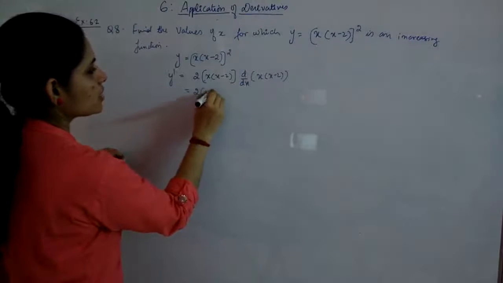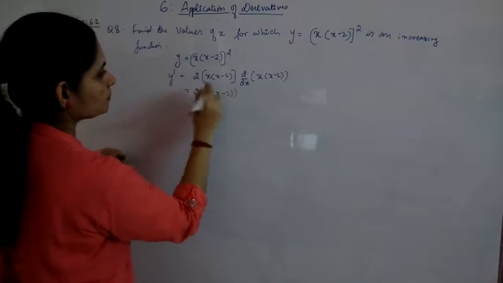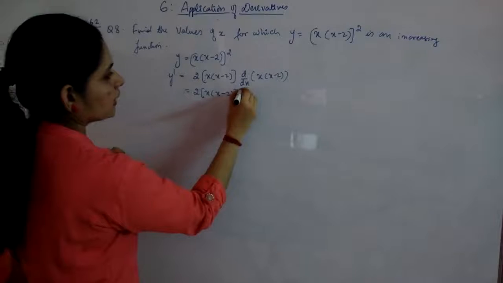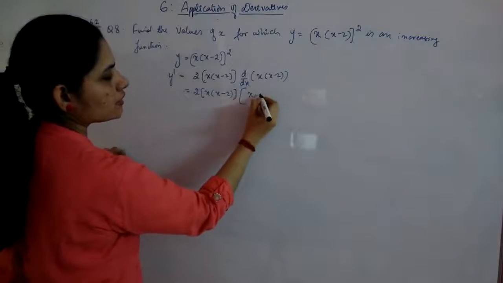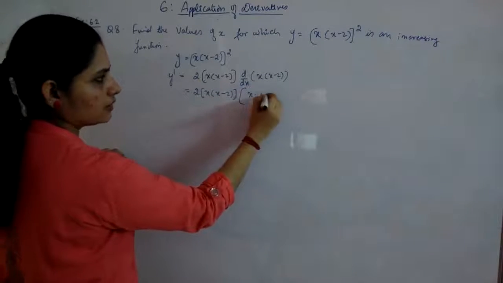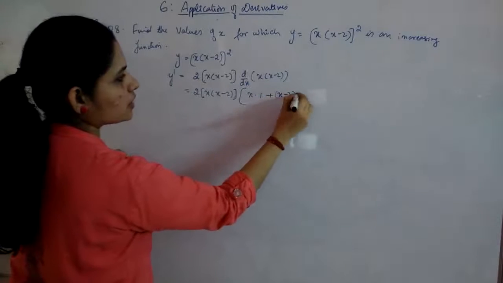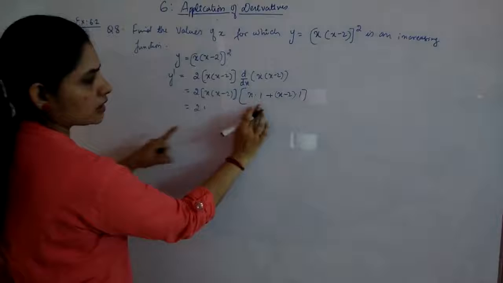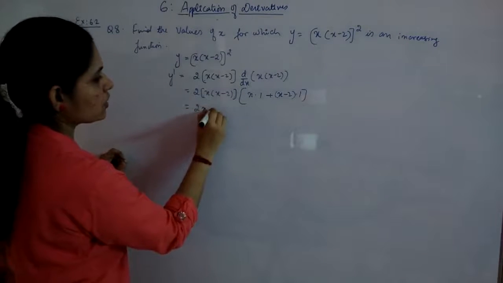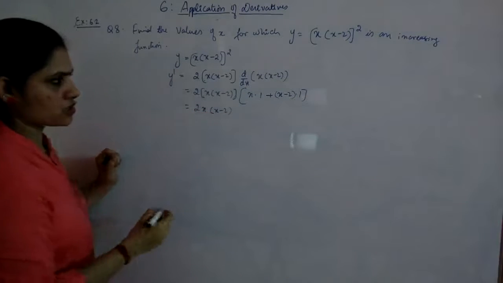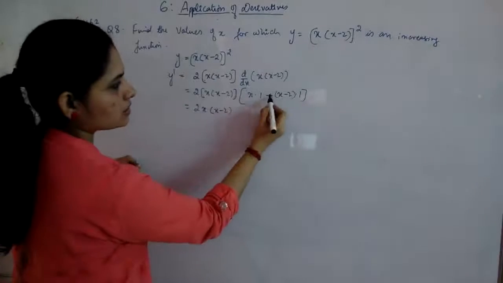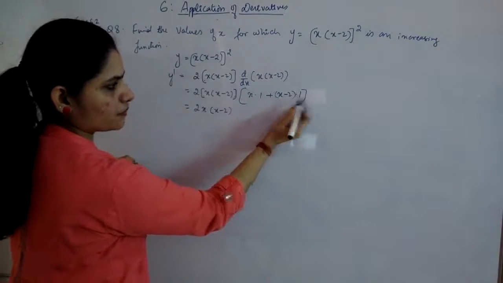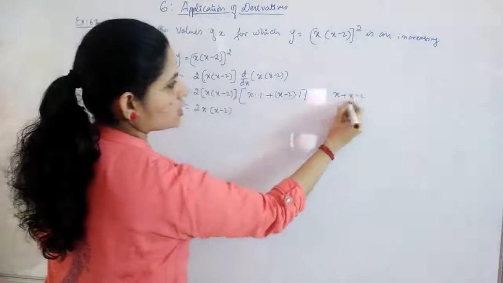So 2 into (x minus 2) into x into the derivative of (x minus 2), which is 1, plus (x minus 2) into the derivative of x, again 1. So you are getting 2 into x into (x minus 2) into this will give you x plus x minus 2. x plus x minus 2 is 2x minus 2.